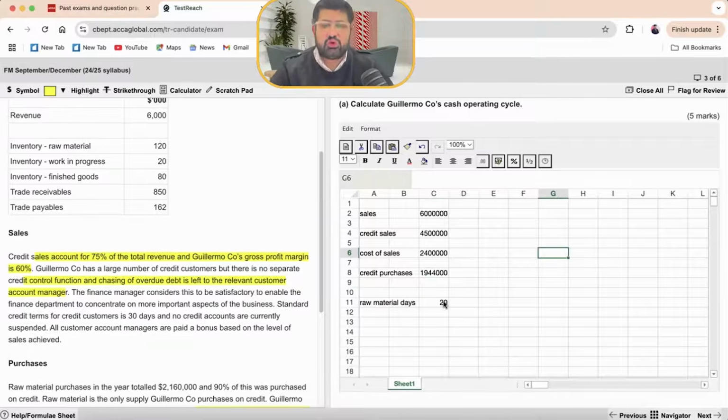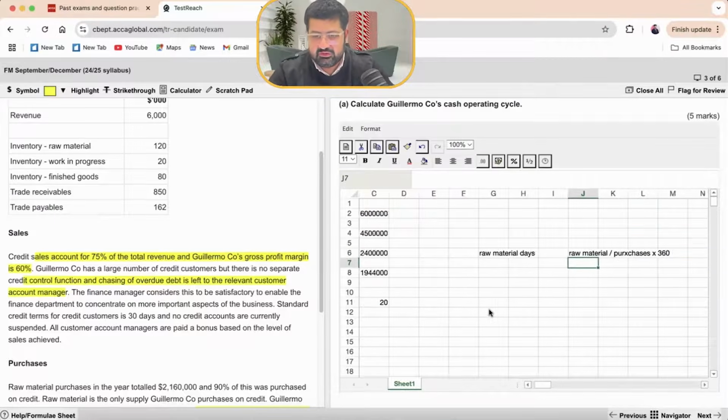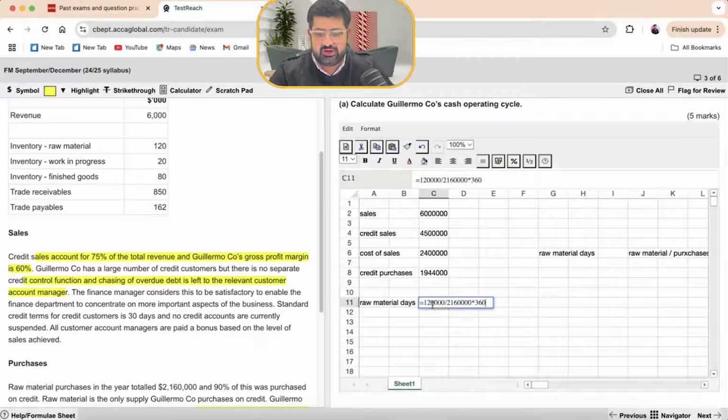Now, raw material days are calculated how? That is equal to raw material inventory divided by purchases into 365, or here it is 360. So that is the formula we applied here. So 2,160,000 is here, that is purchases. Then is work in progress days.